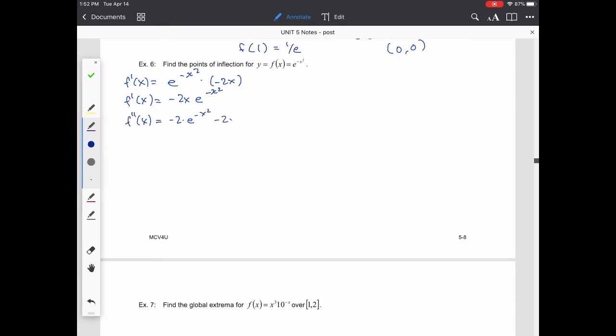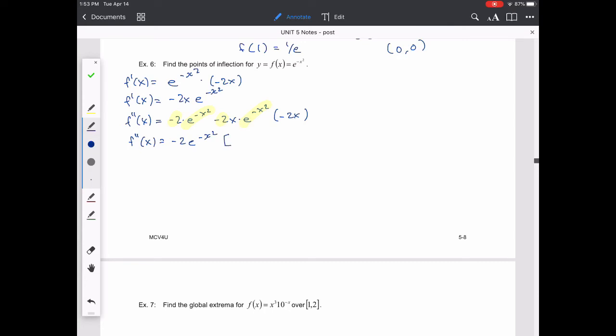So minus 2x times the derivative of e to the negative x squared, which is e to the negative x squared times the derivative of the exponent, negative 2x. We're going to see what we can factor out. I can factor out a negative 2. I'm going to factor out e to the negative x squared, so there's my negative 2 and there's my e to the negative x squared. So we're going to say f double prime of x is equal to negative 2 e to the negative x squared.